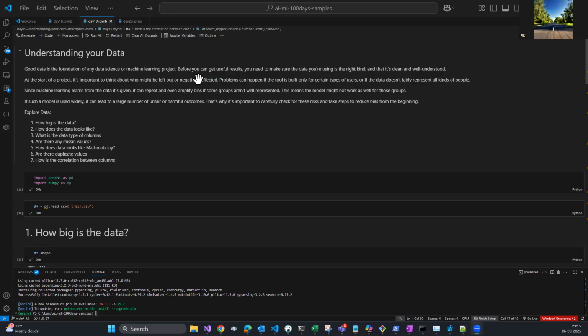Now we are going to understand, after getting data, what does the data say? We have to do some exploration around that data, and also check whether the data is good for us to take further for processing, or whether we need to do some cleaning.